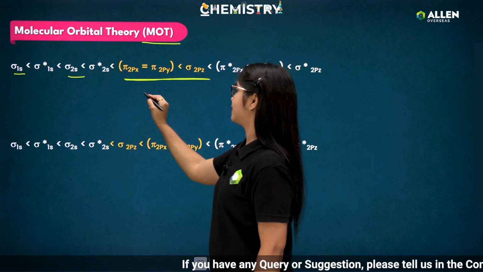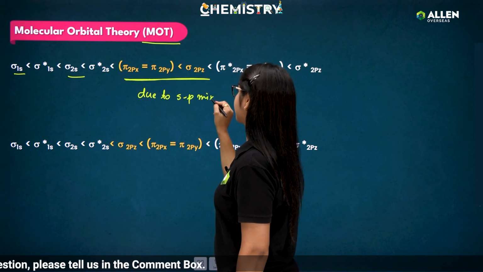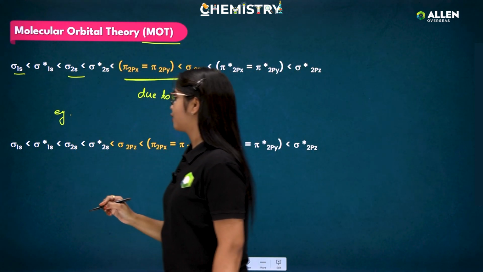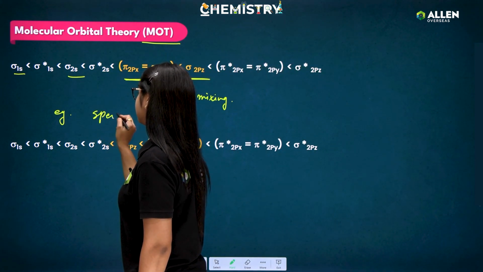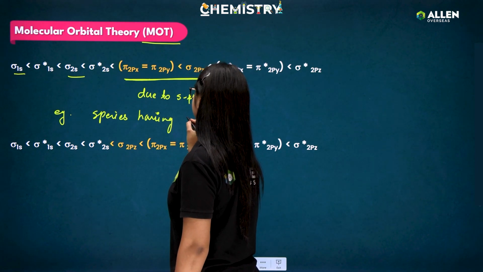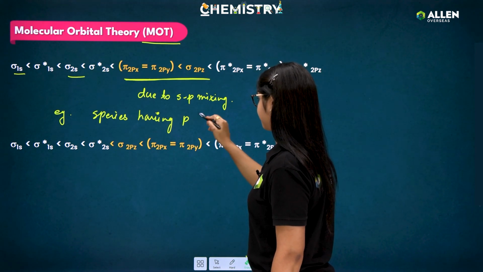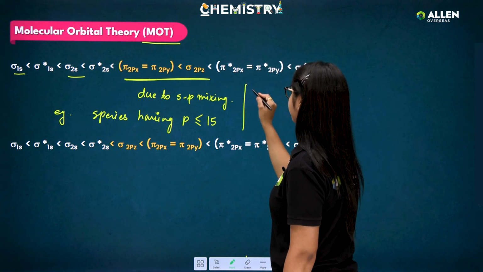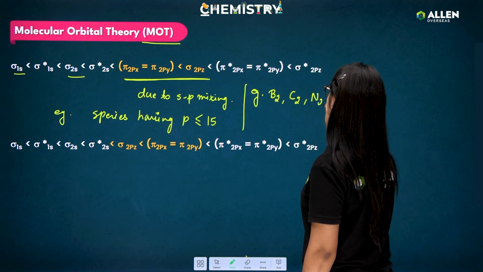This order is due to sp mixing, and it is applicable for species having number of protons less than or equal to 15. For example, you can take B2, C2, N2 molecules, etc.